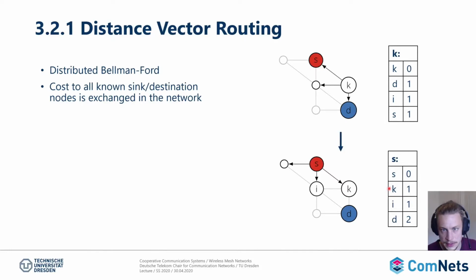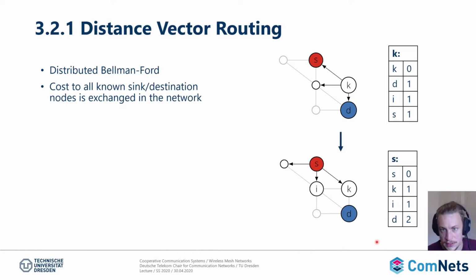The distance to K is 1, not 0, because there's a link in between. The distance to D, which is 1 for K, is 2 for S, because 1 is added. For I, it's 1 because it's a direct connection, and this is what S knows from its own neighborhood information.